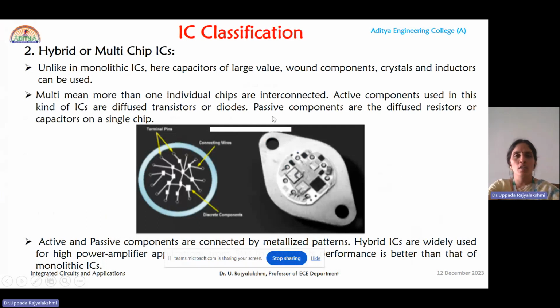And here the active components used are diffused transistors or diffusion diodes, and the passive components are diffused resistors and diffused capacitors. And all these active and passive elements are connected by metallized patterns. And these hybrid ICs are generally suitable for high power applications, unlike monolithic ICs which are suitable for low power applications.